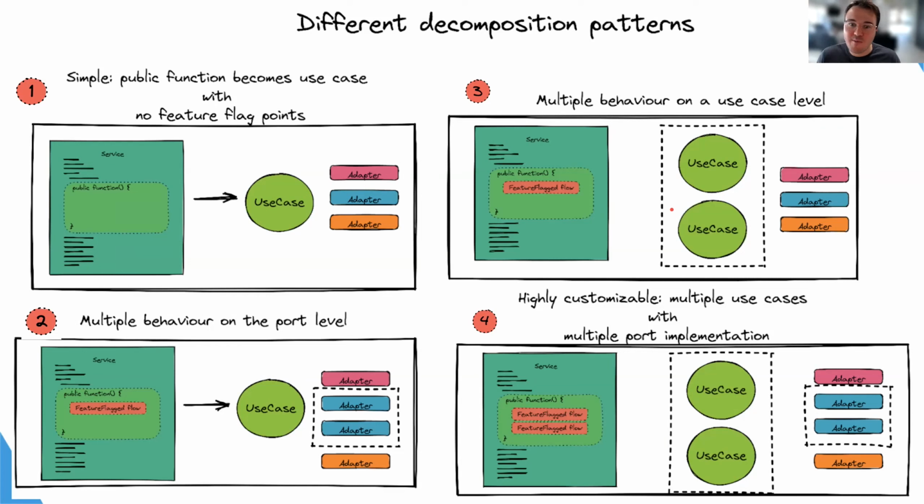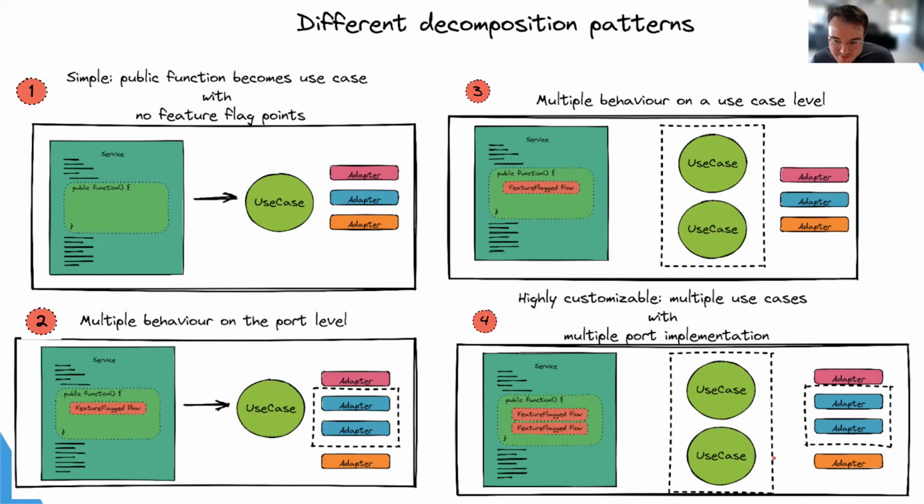Here we introduce a strategy pattern on the adapter level, here on the use case level, but we can also have a more highly customized option, which is when your function does so many things. I hope that we don't find these sorts of functions because the original function would look quite complex, but a function can become multiple use cases.